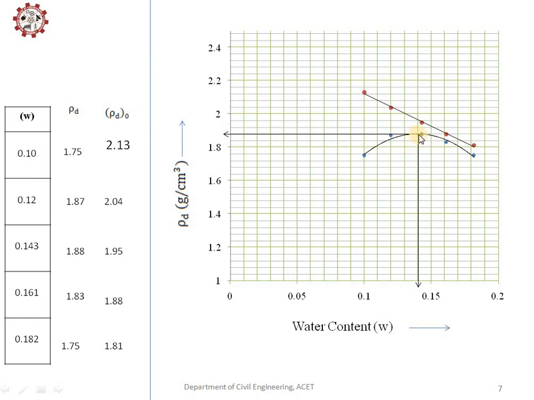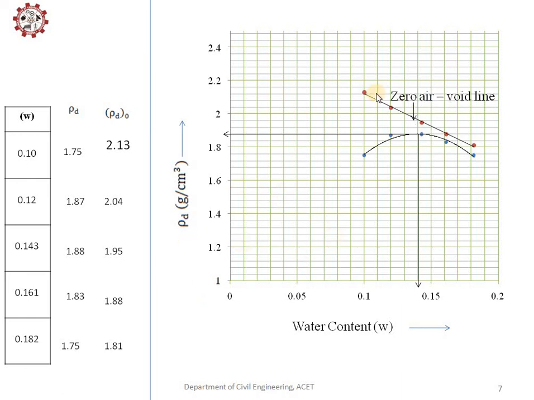And you project it downward on the water content axis, and this will give you the optimum moisture content, which is coming to you as 0.14, and here it is 1.9. So gamma D max and OMC are calculated, and Sr you can calculate by knowing all these values.